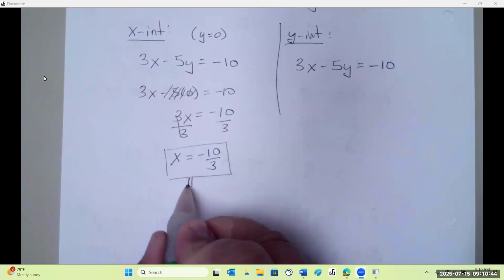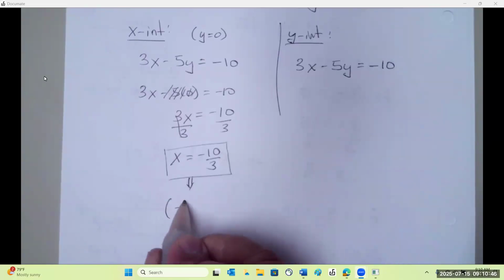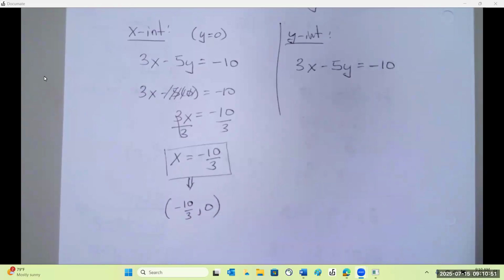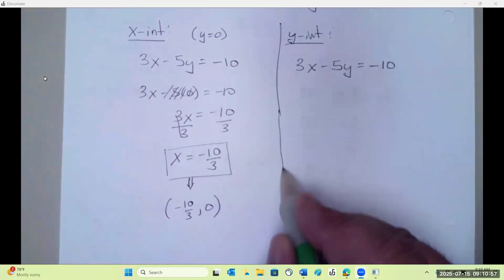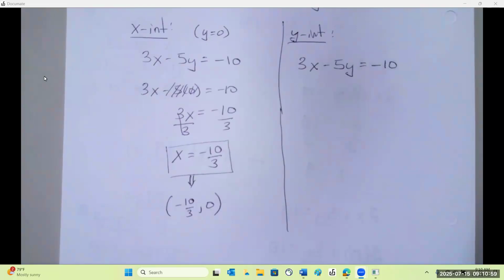The location of it is at -10/3, 0. That's the x-intercept. Can you graph that? It would be very horrible because you don't know exactly where -10/3 would be, -3 1/3 again. It wouldn't be accurate, so we wouldn't graph that one.